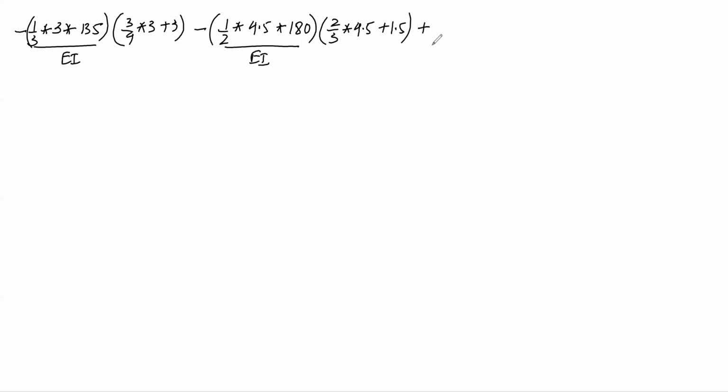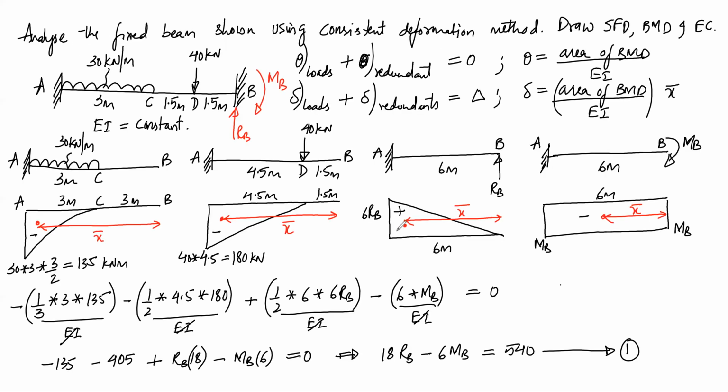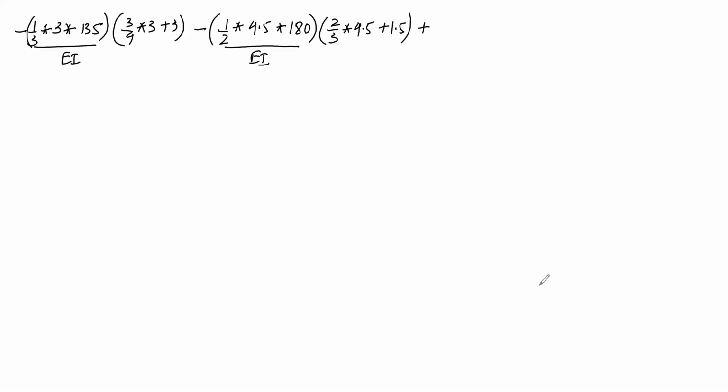Then the third BMD is sagging. So area of BMD is half into base into height, and the centroidal distance is 2/3 of base. So this will be half into base into height divided by EI multiplied by 2/3 of base.